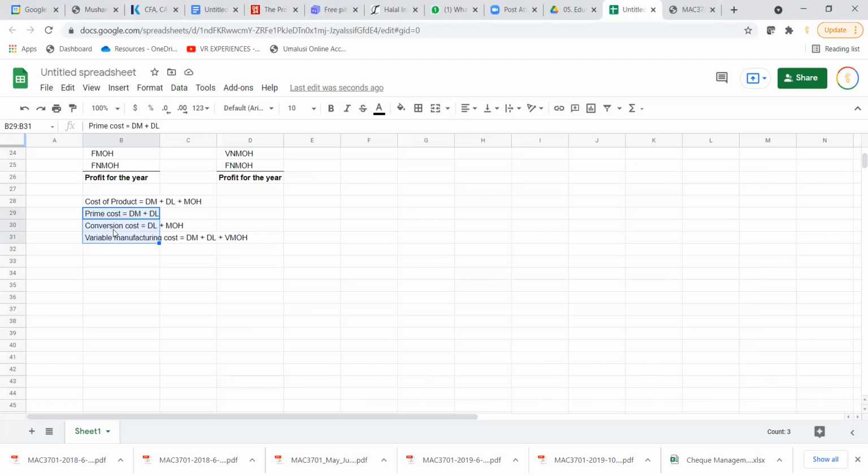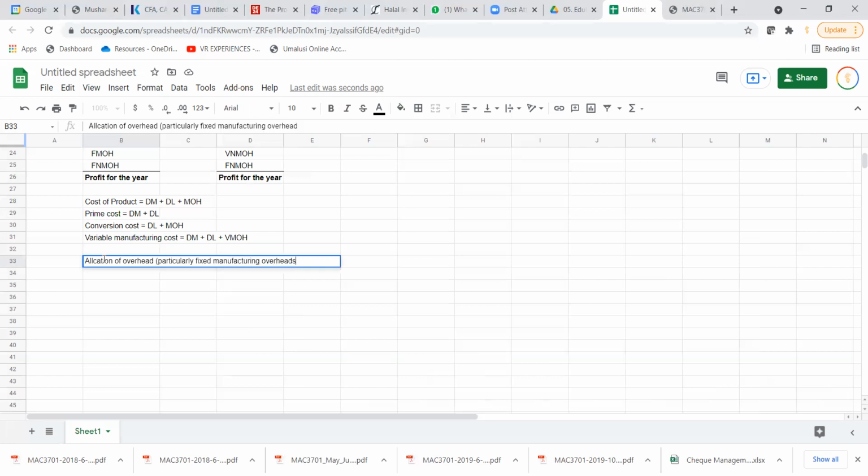Now comes the next, and that's going to be the last thing we're going to cover for tonight. This is the next important thing, and this is allocation of overheads, particularly fixed manufacturing overheads.